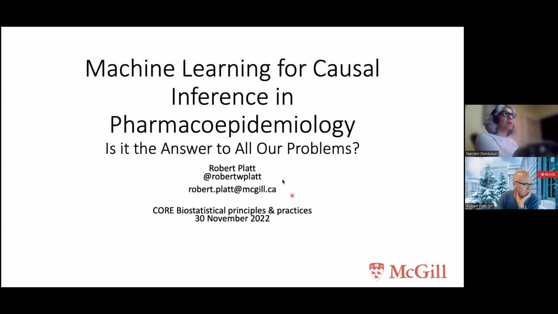I think this group is primarily based in the Jewish General Hospital, if I'm not mistaken, at least in Montreal. His research focuses on improving methods for the study of medications using administrative data, with an emphasis on methods for causal inference and a substantive focus on medications in pregnancy.